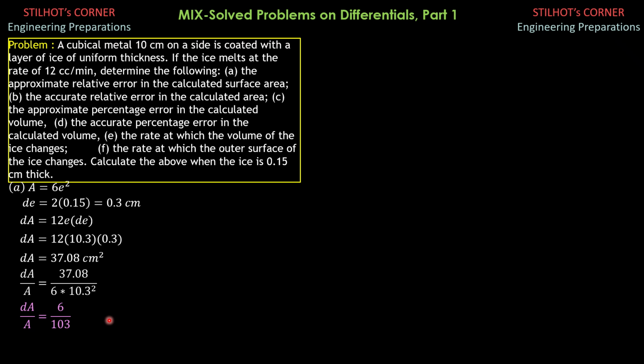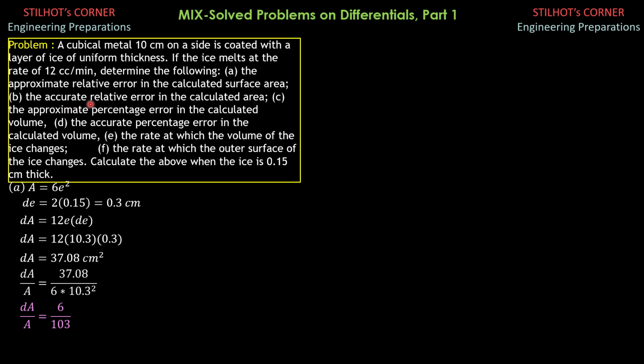Meaning to say, the error is 6 square centimeters for every 103 square centimeters. And you can express this in percent if you want. But that's the answer because we are just asked about the approximate relative error in the calculated surface area.